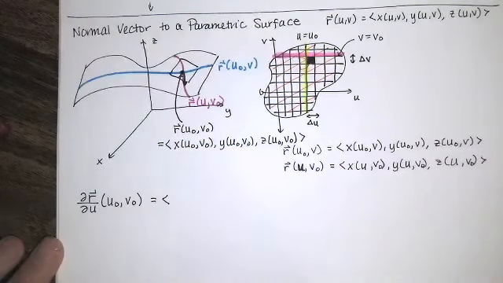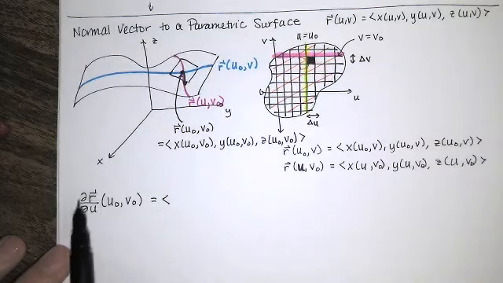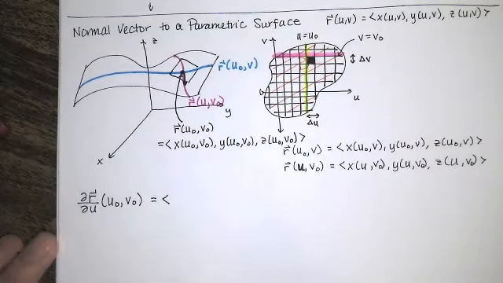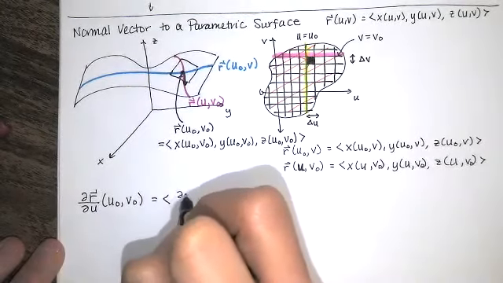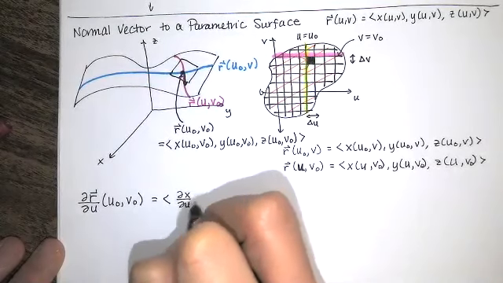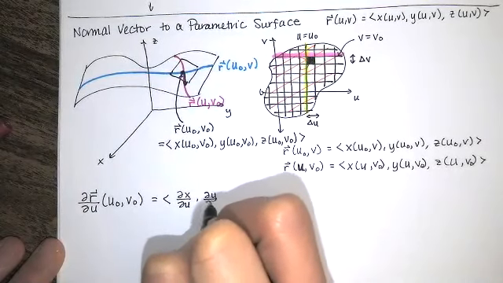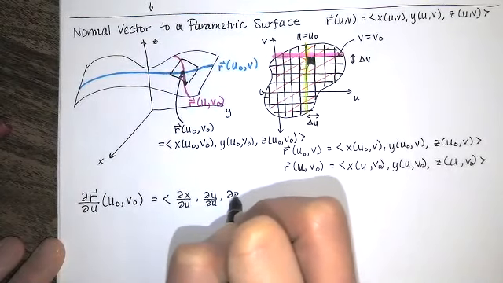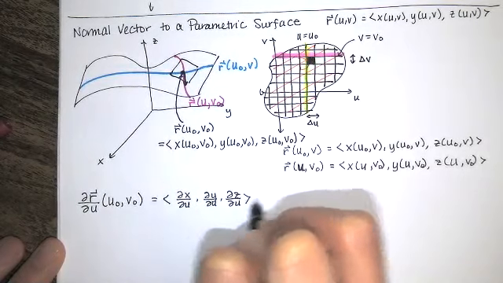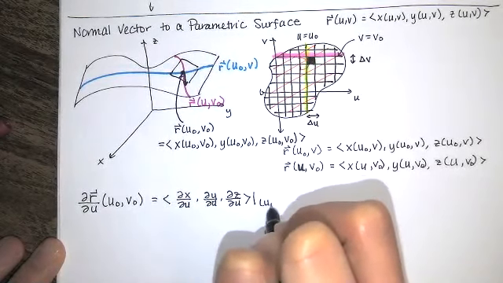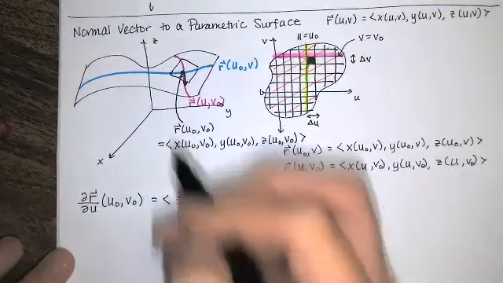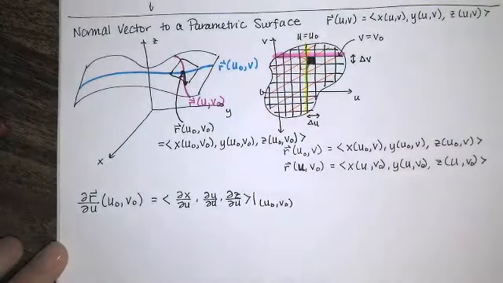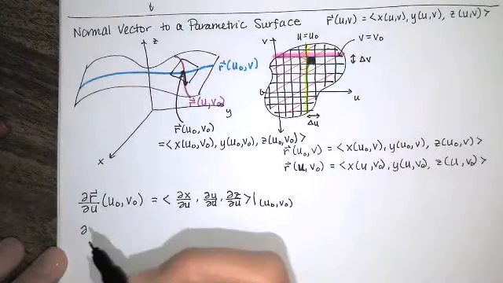You just take the derivative term by term, but now since this is a function of two variables, we have to take partial derivatives. So you have the partial of x with respect to u, the partial of y with respect to u, and the partial of z with respect to u. And we evaluate all of these at u naught, v naught. And that's going to give us a little tangent vector there.